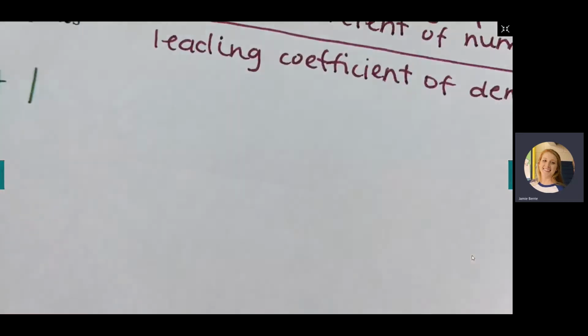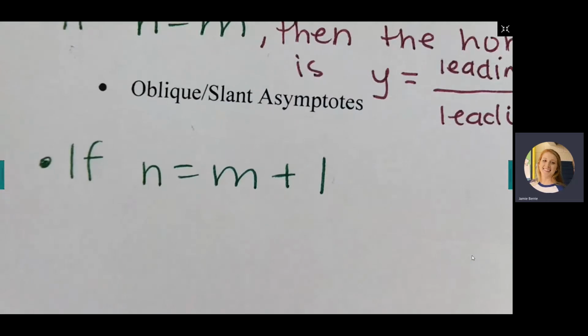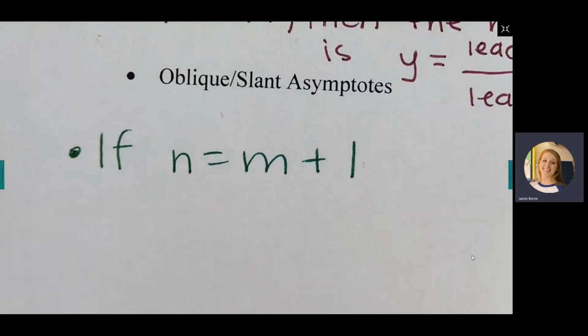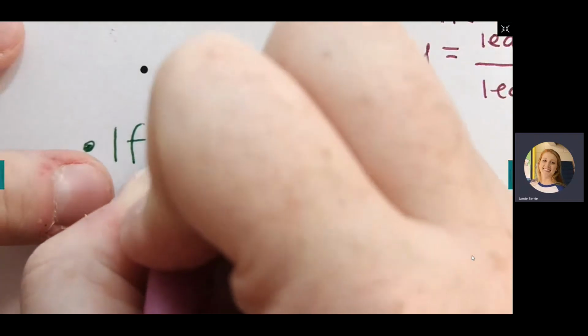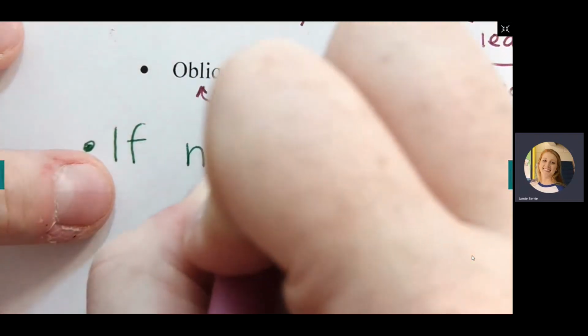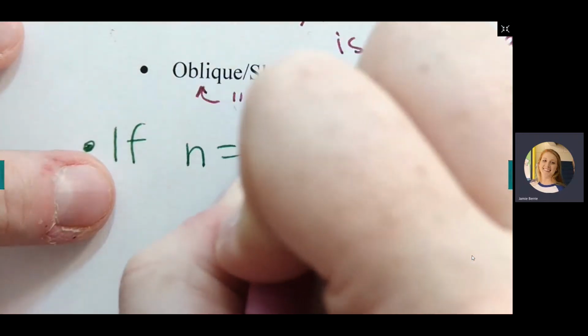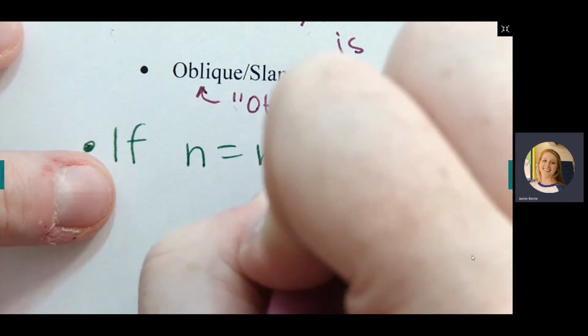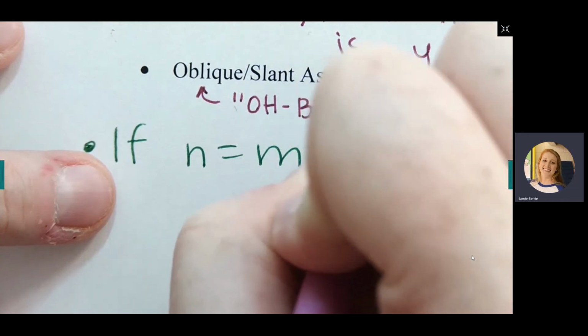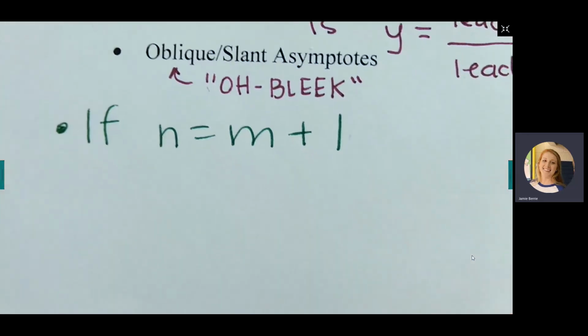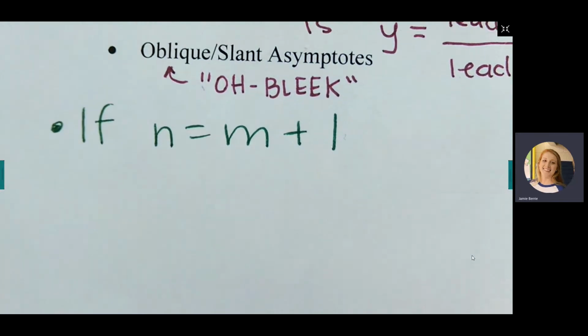Oblique asymptotes, these are the most work. Oblique asymptotes, also called slant asymptotes. I'm sure you've seen this word in geometry. It just may have been a while, but this is pronounced oblique. So that's phonetically how you would spell it or write it.